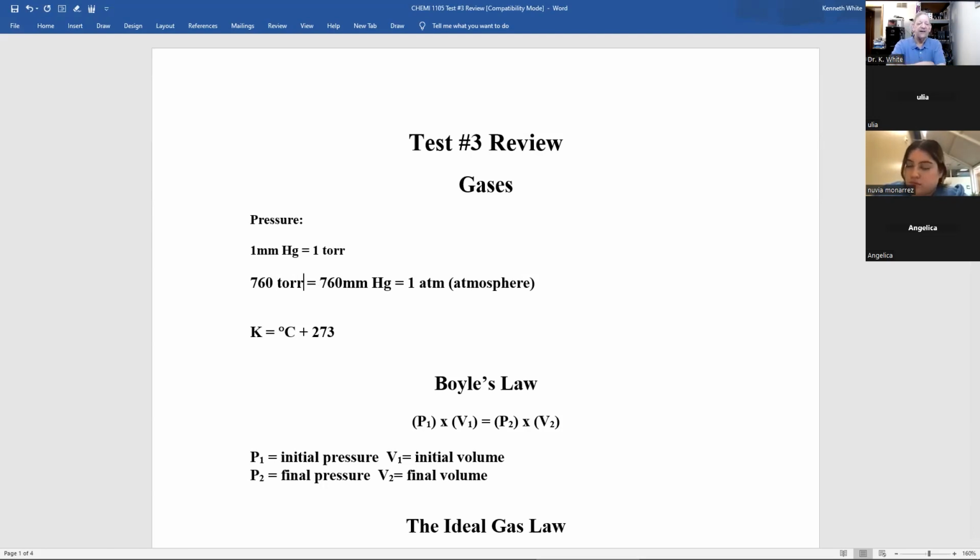All right, 760 torr equals 760 millimeters of mercury, that's mmHg, equals 1 atmosphere. And you should know how to use your good friend, the conversion factor, to convert from one to the other. We did that in the problem set for chapter 6. Next, in case you forgot, if you need temperature in Kelvin, it's degrees C plus 273.